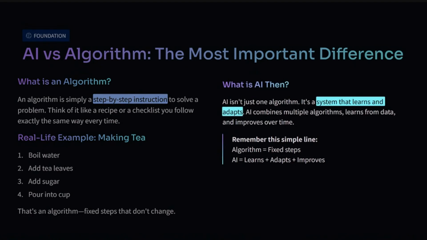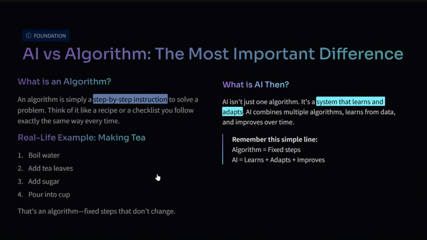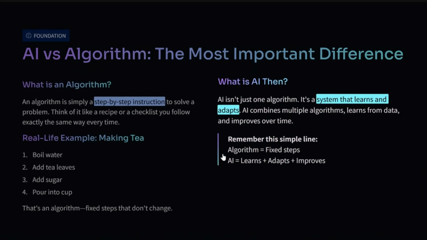But in the context of AI, it will adapt according to the environment and add coffee powder. Maybe it will even ask you whether you want tea or coffee. If you want coffee, we have coffee powder, and it will make coffee for you, because that also helps kick your mood up.